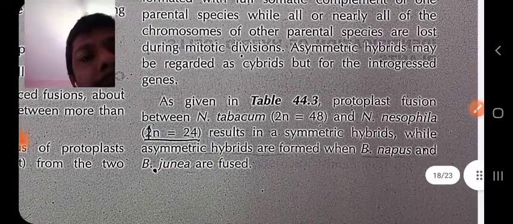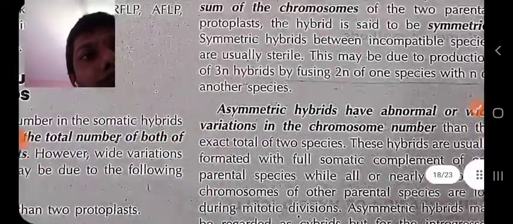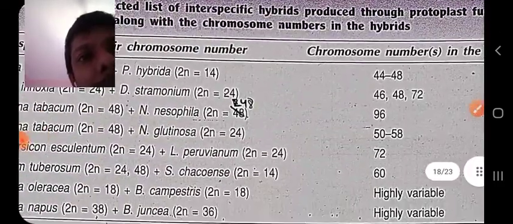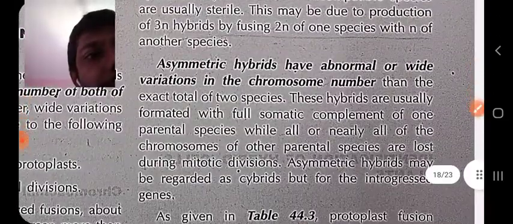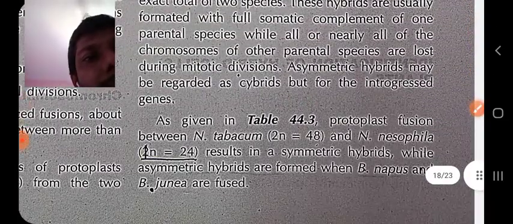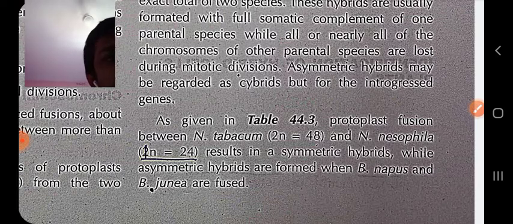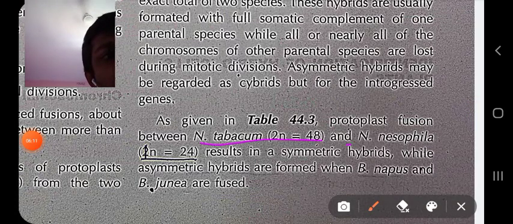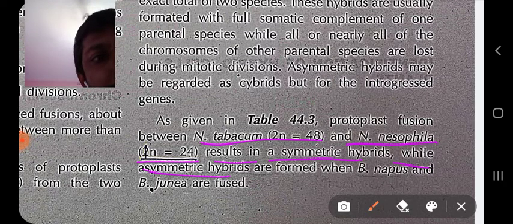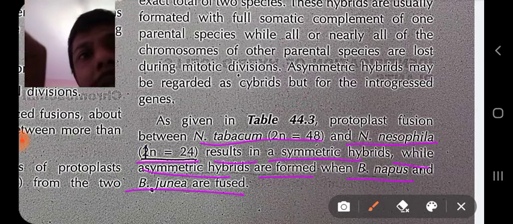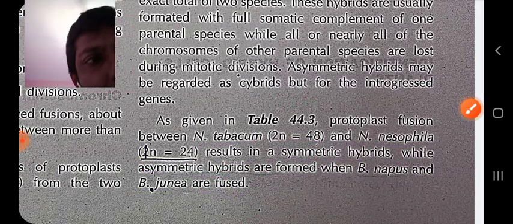As given in table 44.3, it has been said here that protoplast fusion between Nicotiana tabacum and Nicotiana nesophila results in symmetric hybrids, while asymmetric hybrids are formed when Brassica napus and Brassica juncea are fused. Let us see.